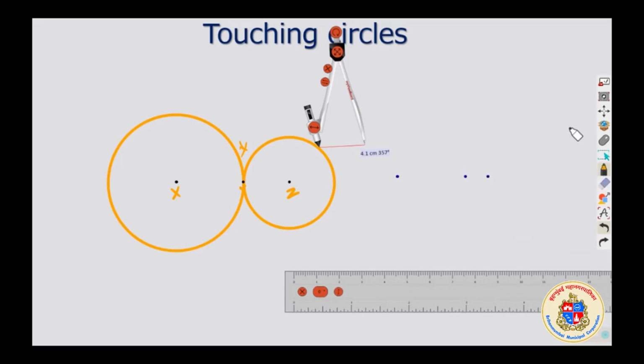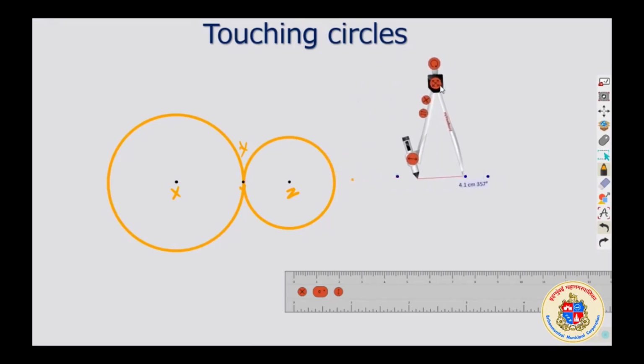How to draw the circle in this case? Bring the compass and I will be drawing a circle with my second point as its radius. This is one circle which I am going to draw.